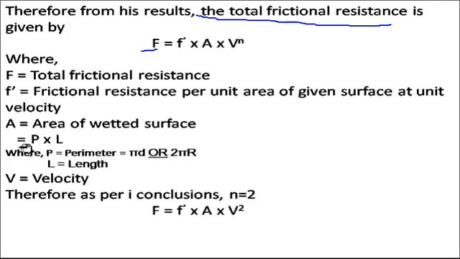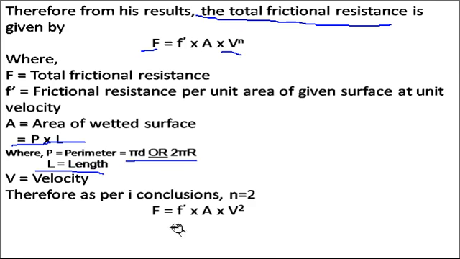This A is given by P into L, where P is the perimeter, and all of you know how to calculate the value of perimeter. It is equal to pi into D in terms of diameter, or it is equal to 2 pi r in terms of radius. L is equal to the length of the pipe, whereas V is equal to the velocity through the pipe.